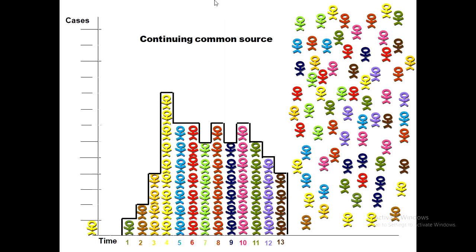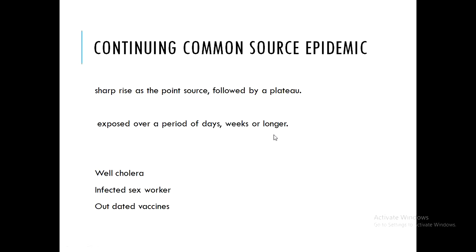So in a continuous common source epidemic, there is a common source, but there is continuous exposure, which does not lead to a reduction in the number of cases, and continuously the cases present themselves in different waves. There is a sharp rise, but then there is a plateau formation because the cases are not declining, and this can extend over days, weeks, etc. The example can be a contaminated source of water.